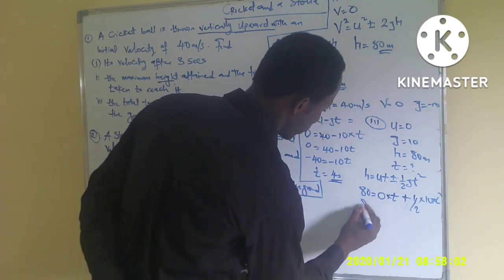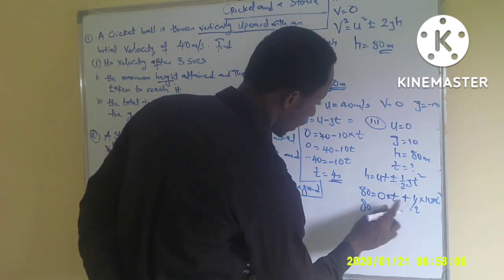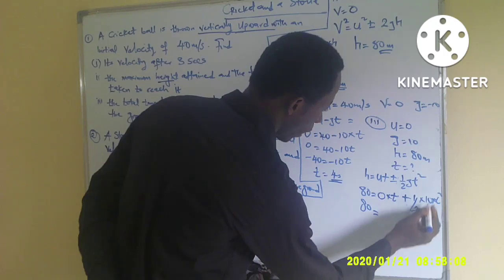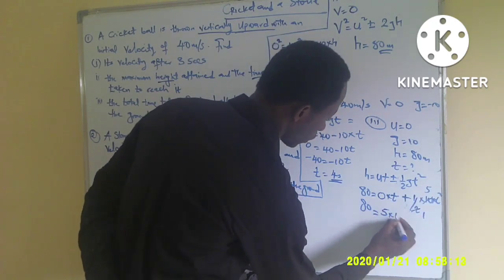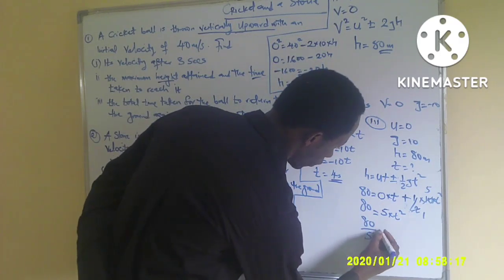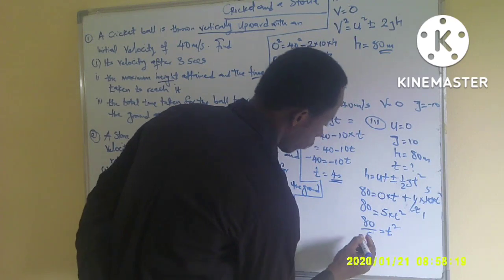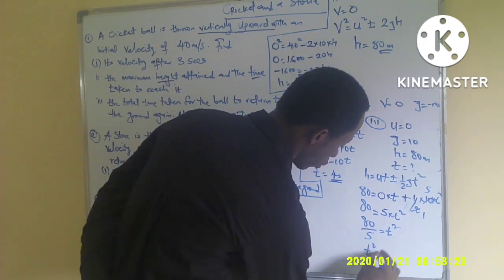So it's going to be 80 is equal to 0 times t. We have 2 here 1, 2 in 10, it will give us 5. So 5 times t squared. So we have 80 divided by 5 is equal to t squared. 5 in 80 gives us 16. So t squared is equal to 16.